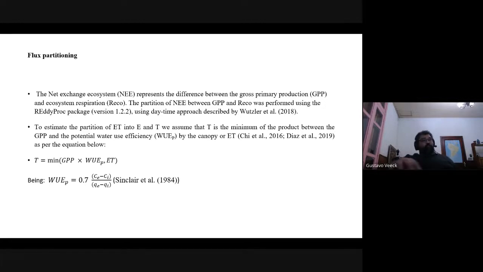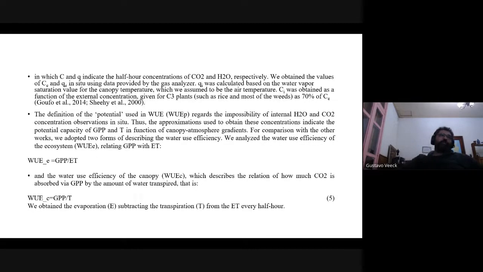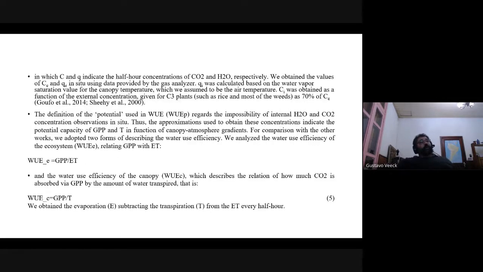In this relation, the potential water use efficiency is based on the carbon and water concentrations of CO2 and water, where e and i represent the internal concentration in the stomata and the external concentration.